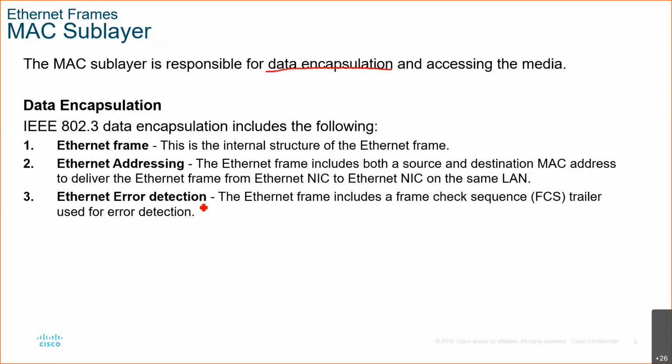Ethernet frame, as in the internal structure of the Ethernet frame. Ethernet addressing tells the Ethernet frame what would be the MAC address. That means what is the MAC address to deliver to, and what is the MAC address that you come from, actually the source and the destination address. And if there is any error, okay, there will be an FCS. That FCS, a frame check sequence, is used for detecting error.